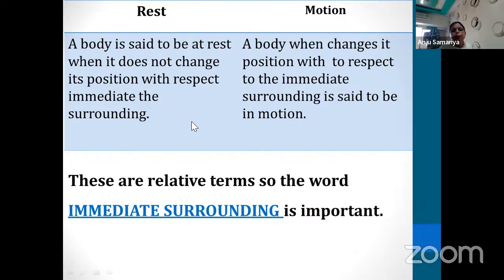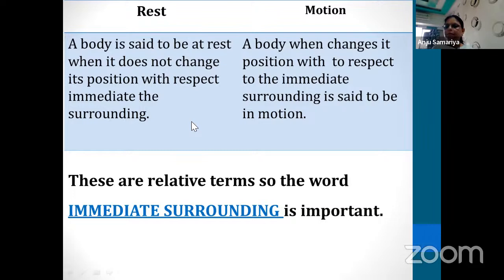That is why we say that rest and motion are relative terms. A body is said to be at rest when it does not change its position with respect to the immediate surrounding. With respect to the immediate surrounding is important. And when it changes its position with respect to the immediate surrounding, then it is said to be in motion.